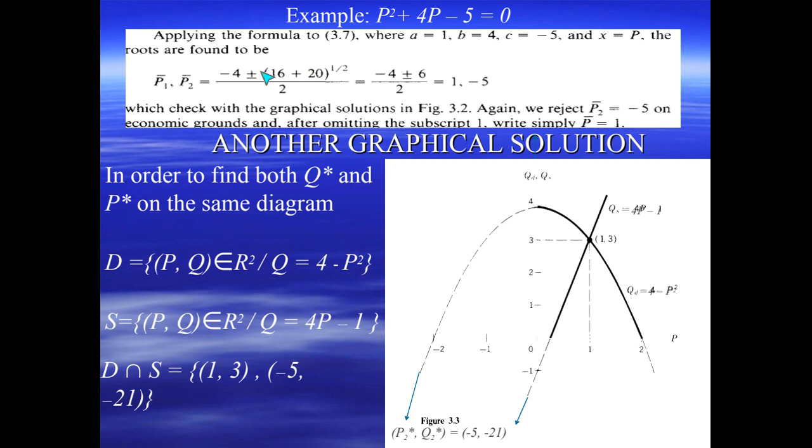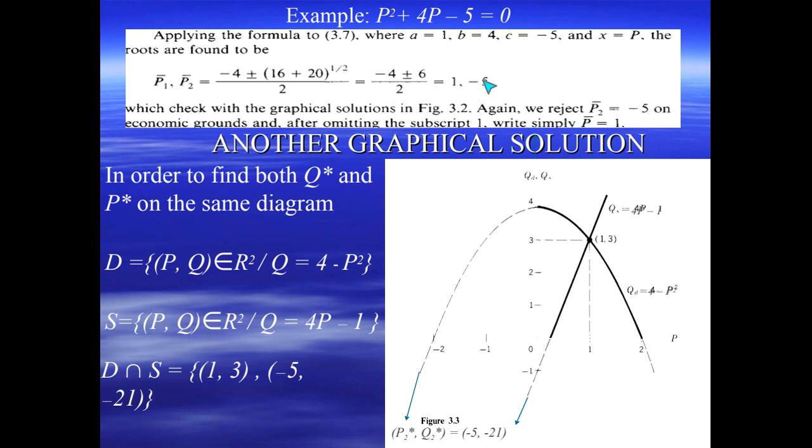Great. 20 plus 16 is 36. The square root of 36 is 6. Here we have minus 4 plus or minus 6 over 2. So minus 4 plus 6 is plus 2, over 2 is 1. Minus 4 minus 6 is minus 10, divided by 2 is minus 5.